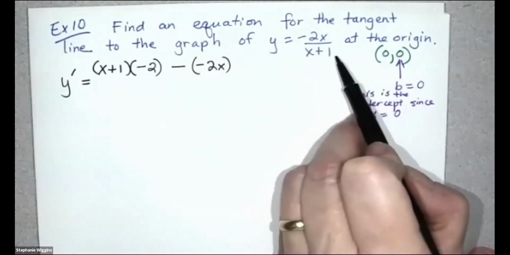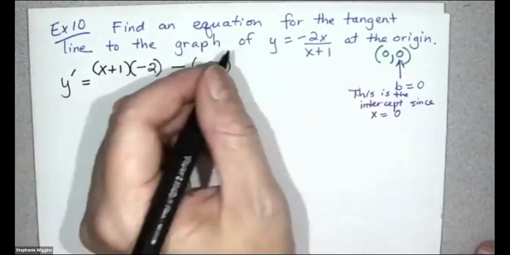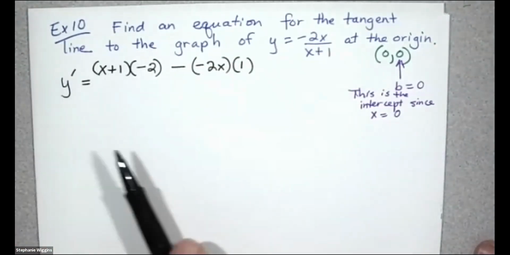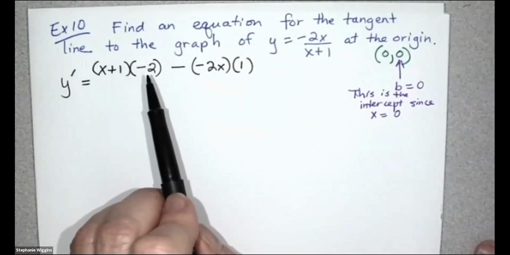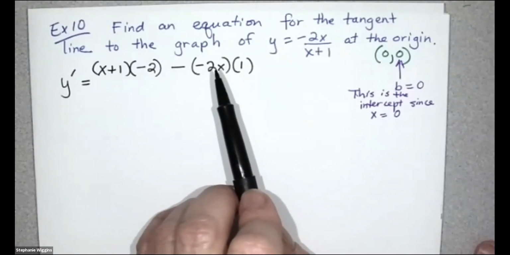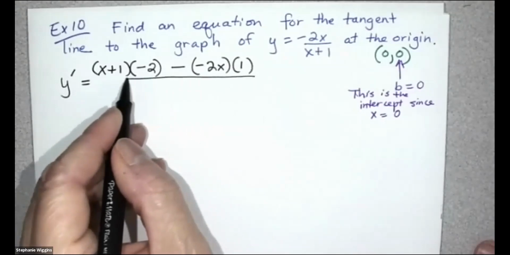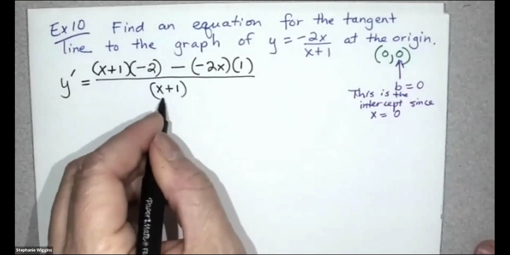Well, the bottom is x plus 1, which is a line, so the derivative is the slope, and the slope is 1. So here we have, let's review this. The bottom function times the derivative of the top minus the top function times the derivative of the bottom. All of this is going to be divided by the bottom function squared.